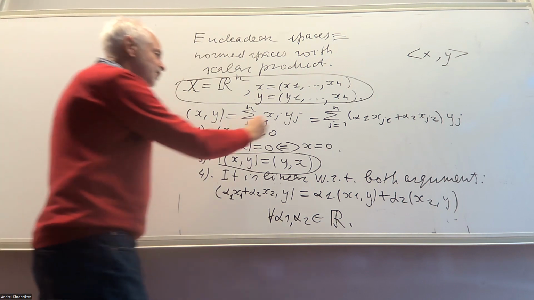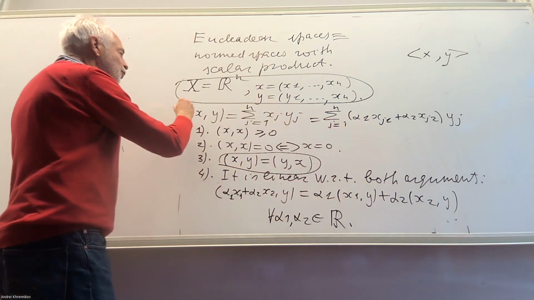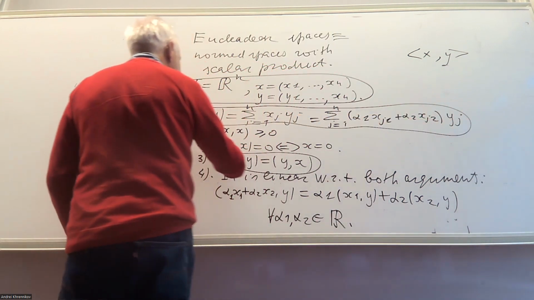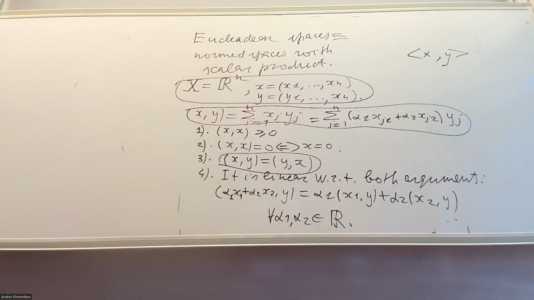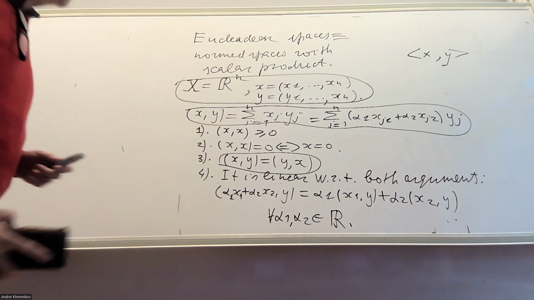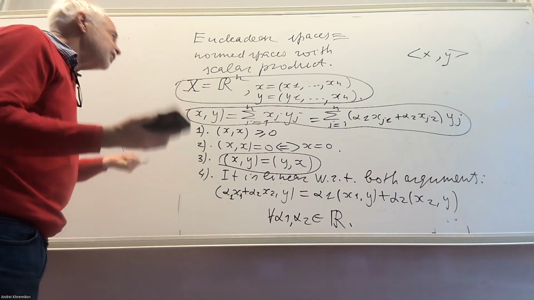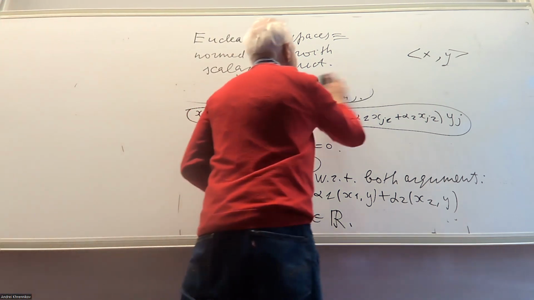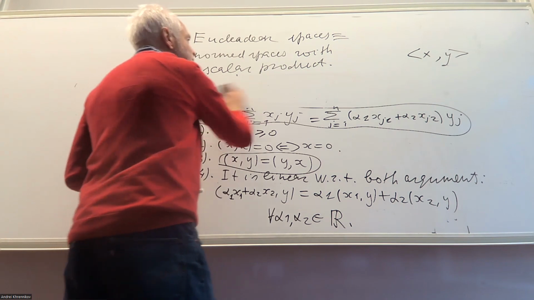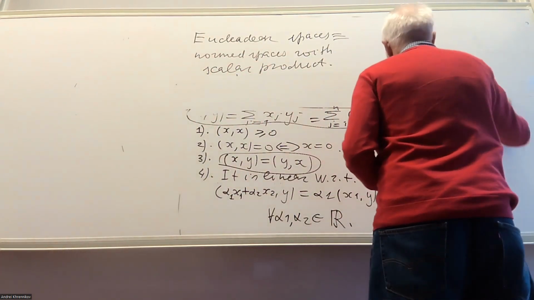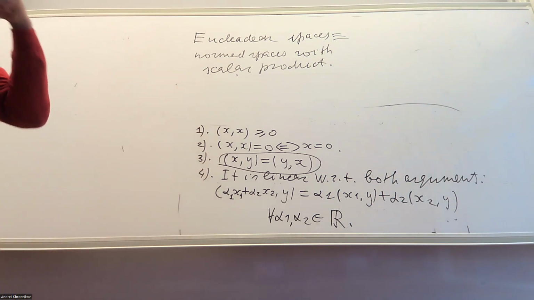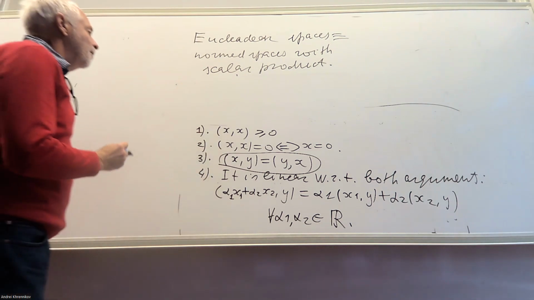Okay, so this was this example. These were the properties of scalar product, which was defined in this way. And now we would like to make an abstract definition. So the linear space with scalar product, which is called Euclidean space. So all these axioms would be preserved for it.